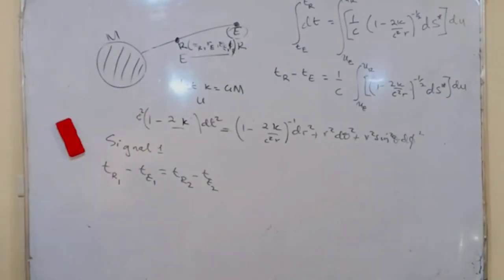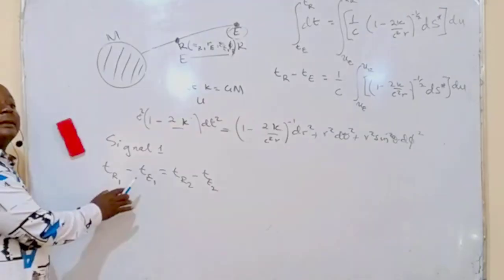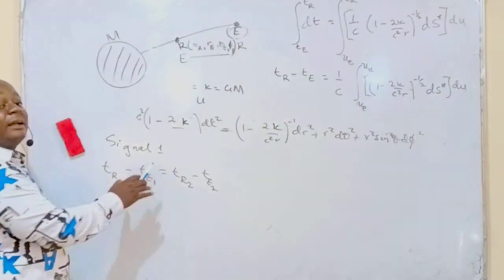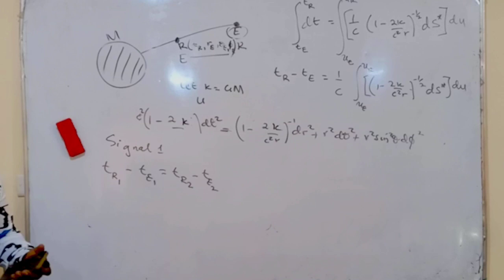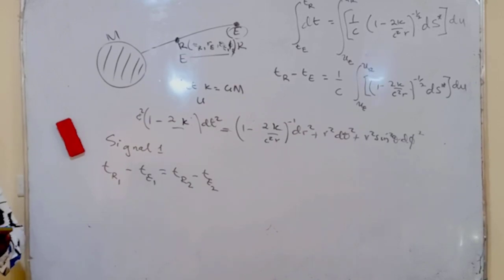They are moving from the same one point to the next point. So the time interval from emitter to receiver will be the same for the two signals. Is that not true?